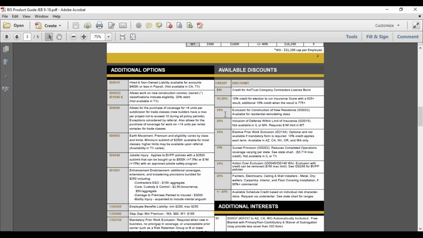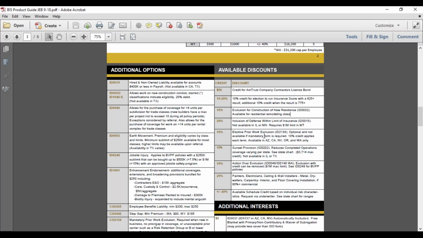For the remodeling class, there is an exclusion of construction for new residences. Keep in mind, though, if the insured is working as a subcontractor for some other contractor, for example, they're doing some cabinet work on new residential, that's excluded too, but there is a discount for that. So you can also have defense within limits, that's a discount.